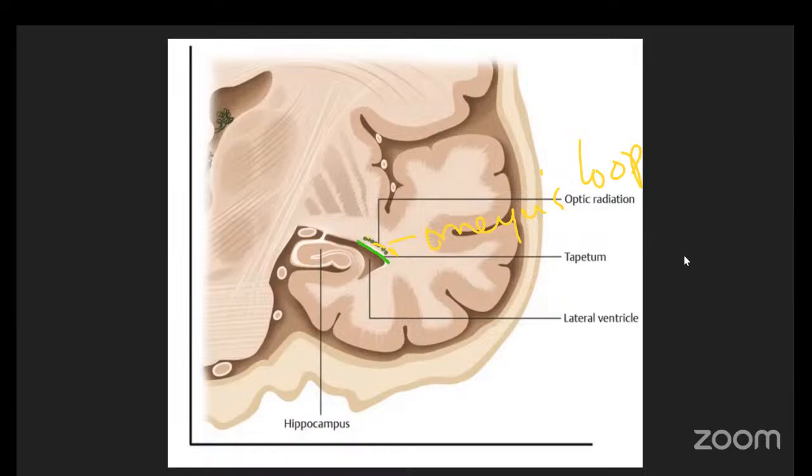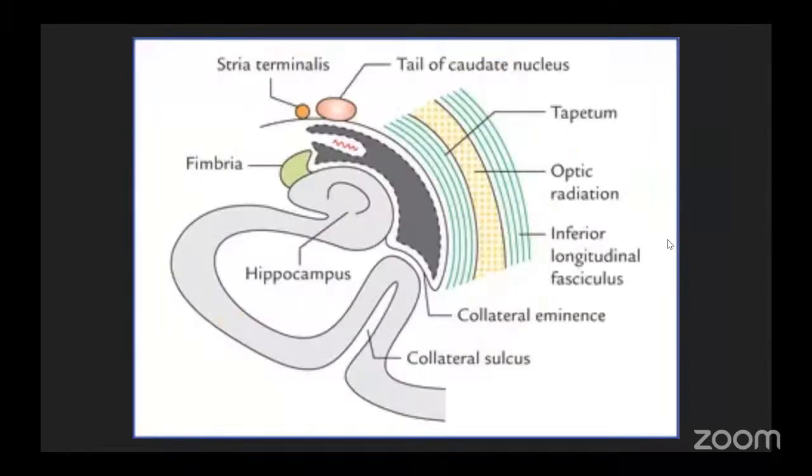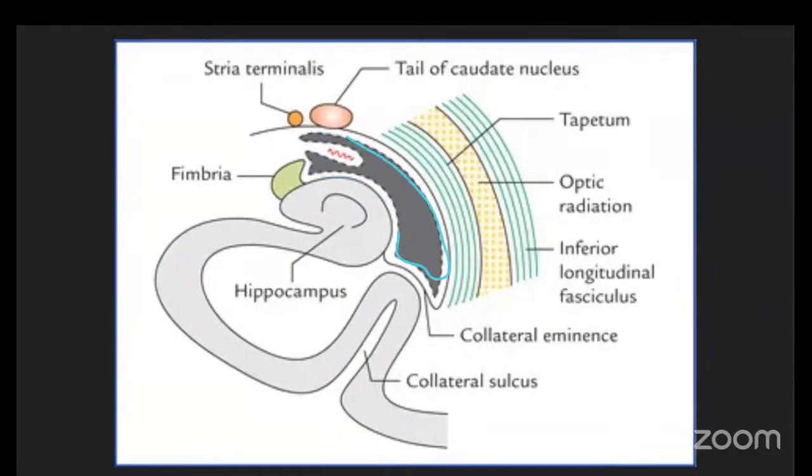Let's move to the next illustration. This is an illustration because on dissection images, on the cadaveric images, it's really difficult to identify such small structures. But let's draw it here. This is your temporal horn. I'm going to code it blue so that you remember that there is water here. On the medial side, we have the hippocampus, which is also making the floor.